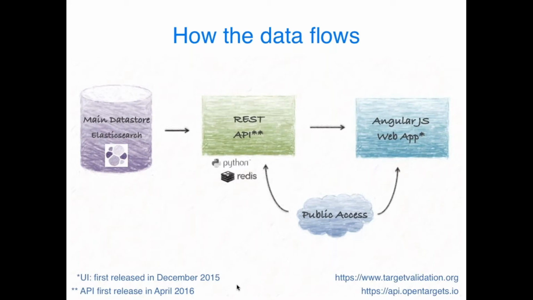So both of them have been around for around 2 years, and they are free and open for everyone to use. And this is just to highlight how you can get to our user interface. It's the online version of the platform, so it's targetvalidation.org. And the REST API is available through this URL over here.